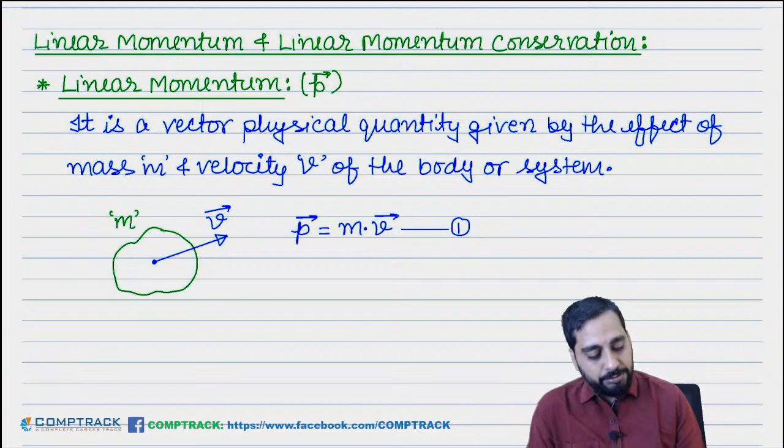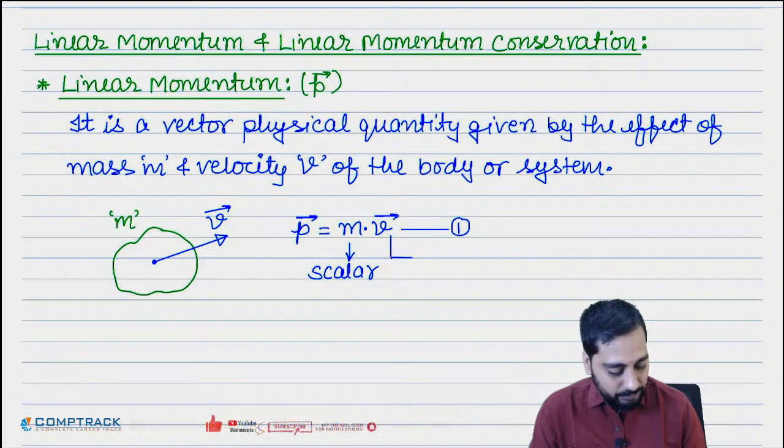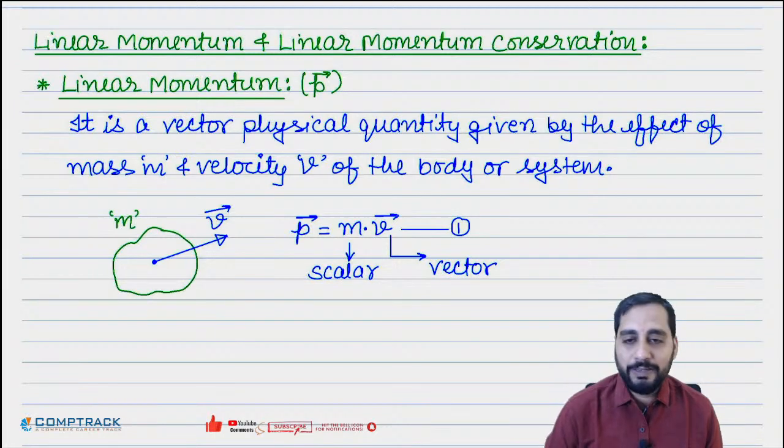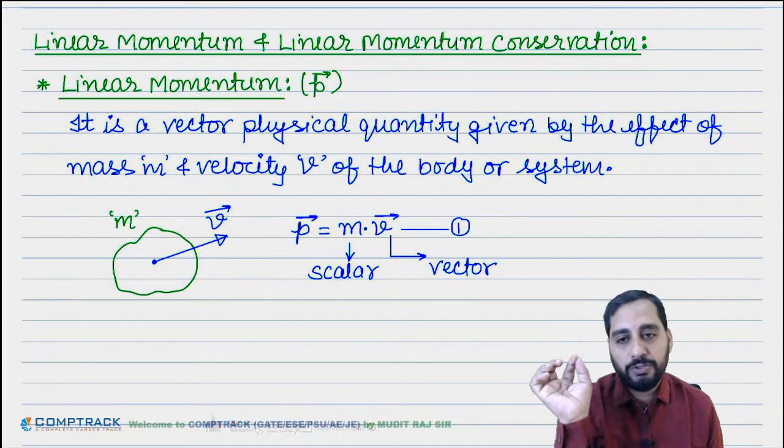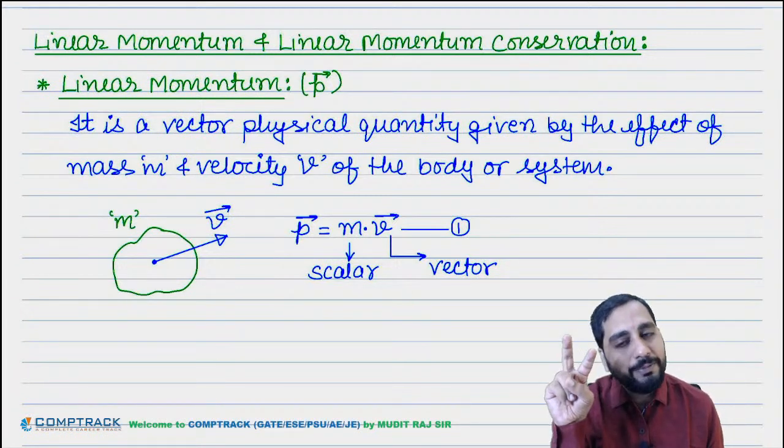Neither dot nor cross product, because m is scalar. Yes or no? m is your scalar and v is your vector. So one is scalar, one is vector. There will be simple multiplication, neither dot nor cross, because dot and cross product are there between two vectors.